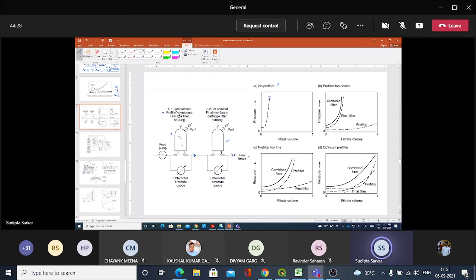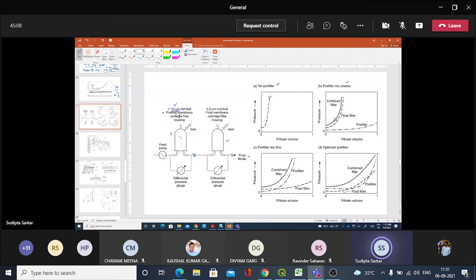Now what will happen? This pre-filter will also have a role to play. If the pre-filter is too coarse, that means the size is too big, let's say a 10 micron size filter, it doesn't have much effect on your filtration rate. Now your combined filter will have this much total pressure requirement, like the line here.